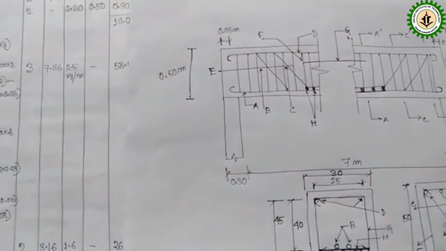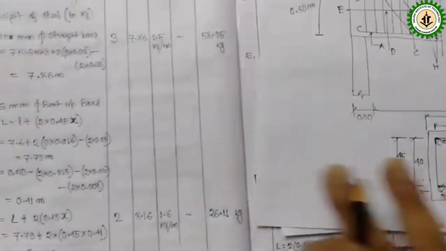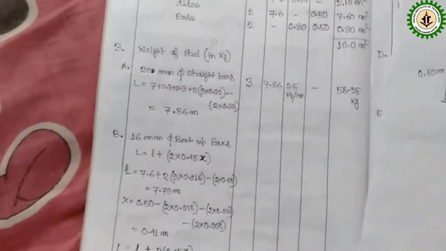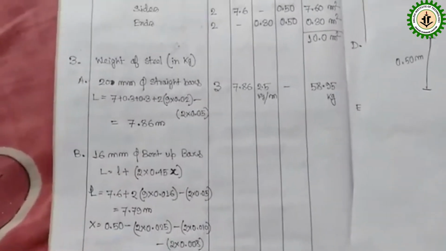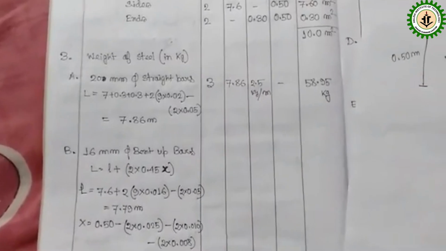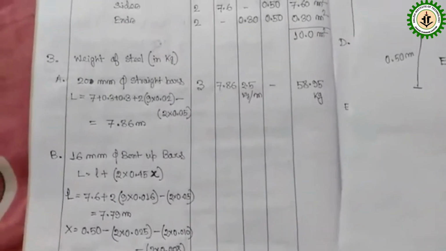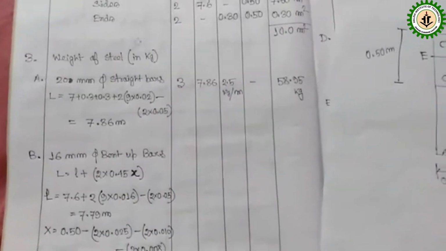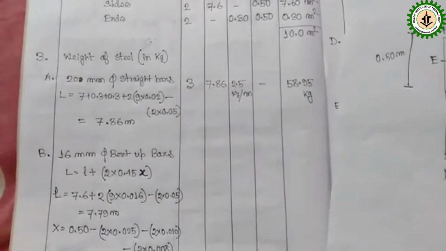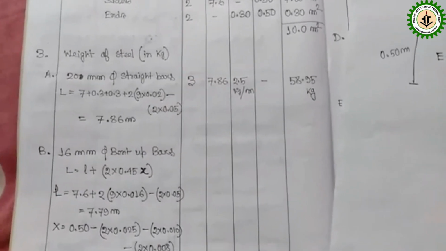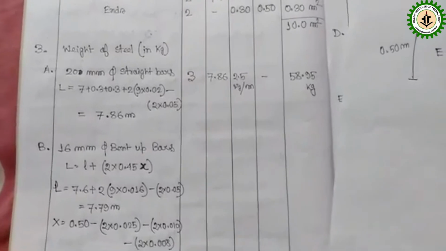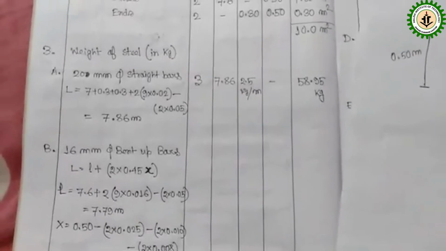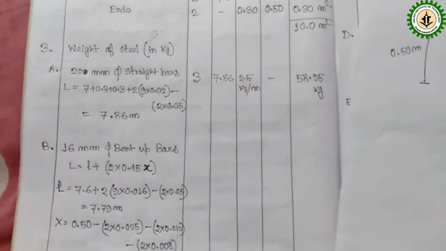We have to deduct that portion from the length that we have considered out to out. So total length will be 7 plus 0.3 plus 0.3: 7 for inner dimension, 0.3 for a single wall thickness, and again 0.3 for the other wall thickness, plus 2 into 9 into 0.02 for hook length, and minus 2 into 0.05 for the cover portion. So the length is coming 7.86 meter, and the number of bars given in our reference is 3.